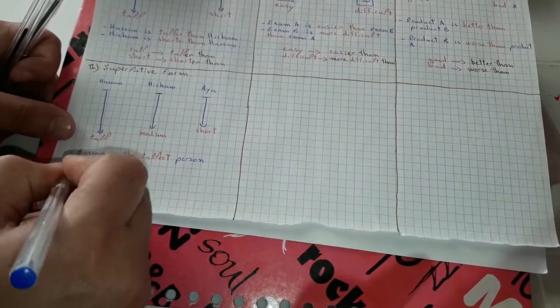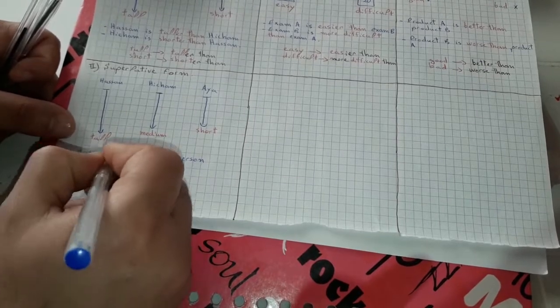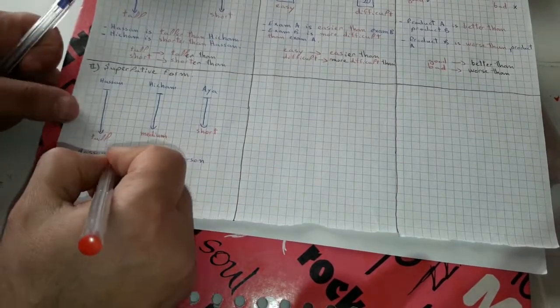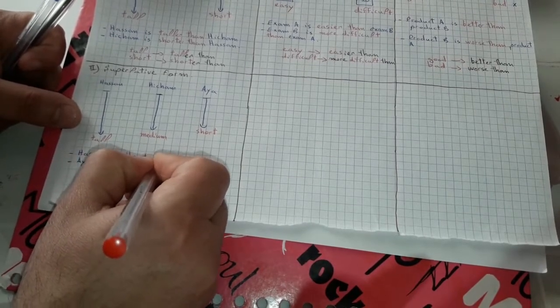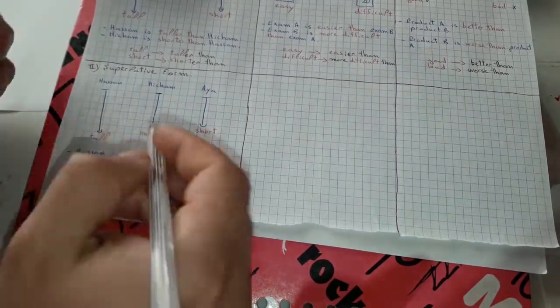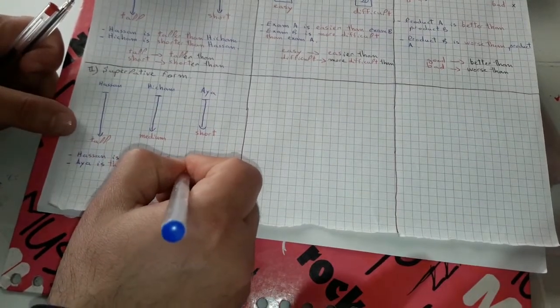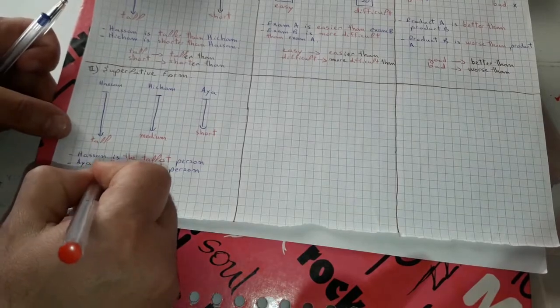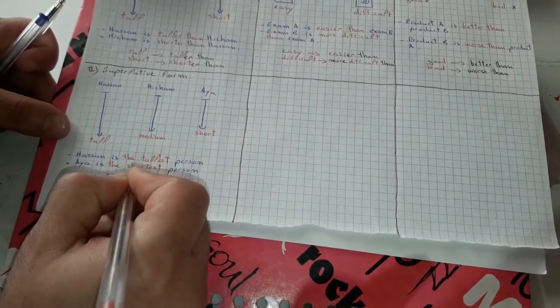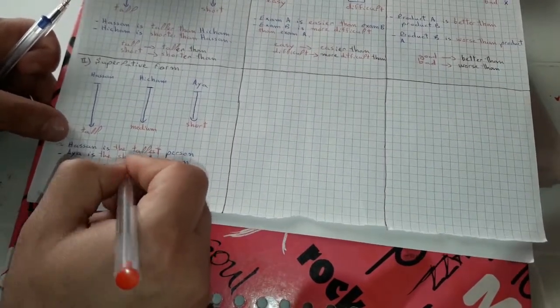Concerning Aya, we say Aya is the shortest person. This means when I have the adjective tall, it becomes the tallest.